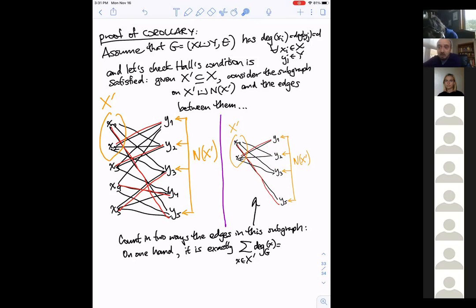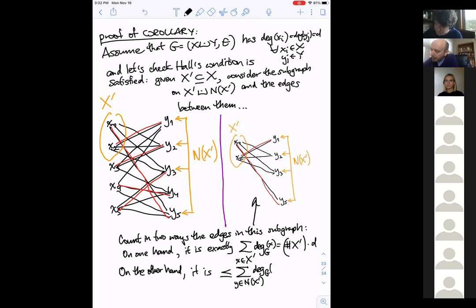We didn't lose any edges that come out of them. And so I claim that is just the size of X prime times d. It's the same as the original degree in the subgraph. On the other hand, if we think about them by their right endpoint, it is less than or equal to the sum over the things that are in the neighbors of X prime of their degree back in the original graph.